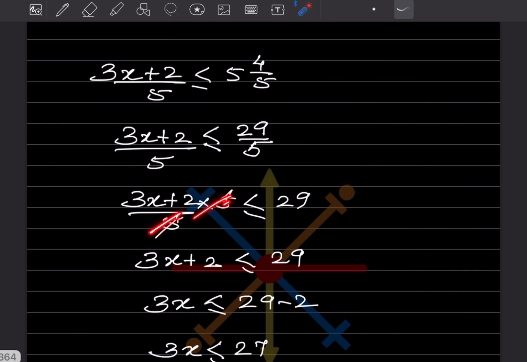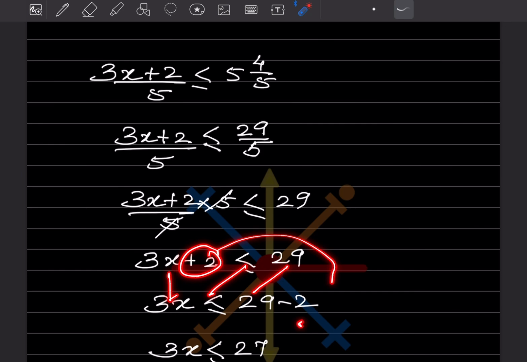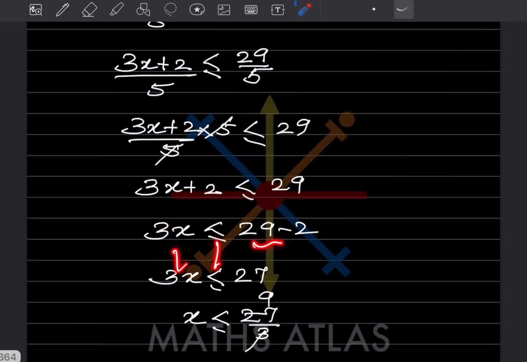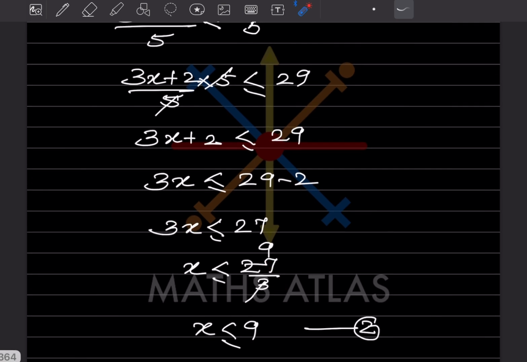So this and this get cancelled out. So the only thing that remains is 3x plus 2. This is the same. So 3x on one side, plus 2 on the other side will be minus 2. Same, this is going to be 27. So this is multiplication, so this gets divided by 3. So this is going to be x is less than or equal to 9. So this is equation number 2.